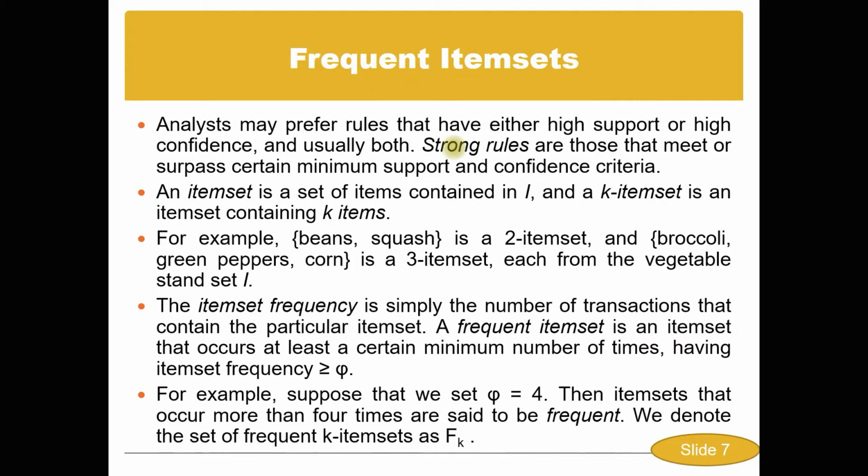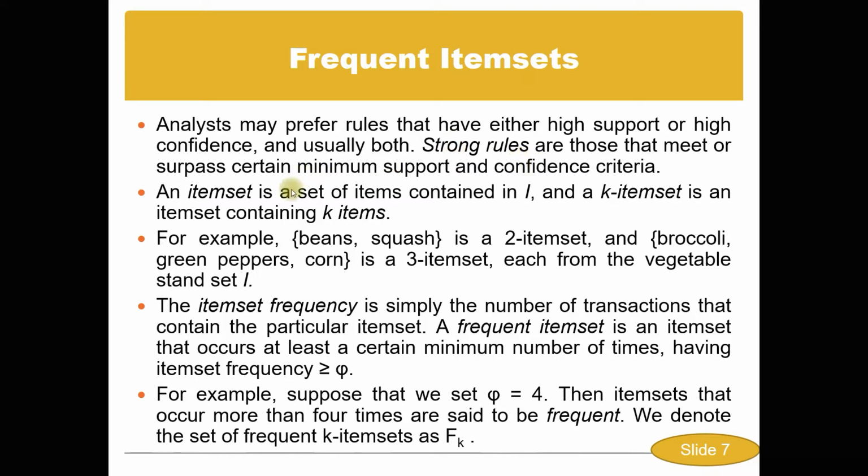To be able to understand the concept of the a priori algorithm, we have to first of all understand what an item set is and what a frequent item set is. There are two things here.